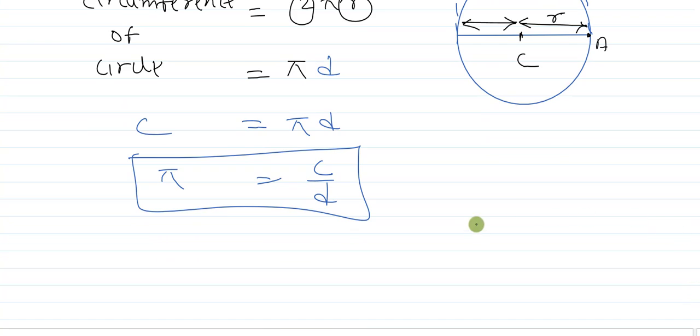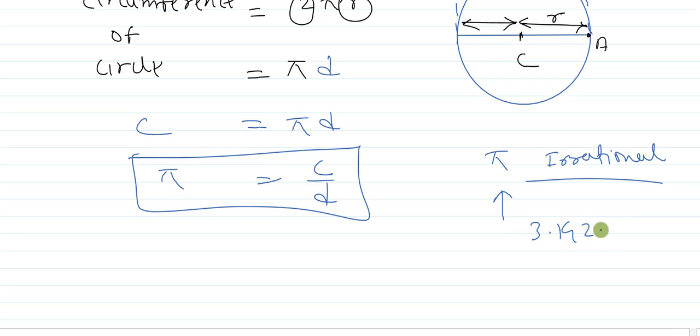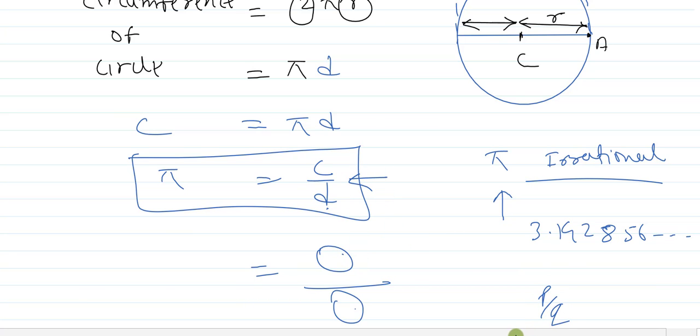We know that pi is an irrational number, right? While learning irrational numbers, I gave pi as an example of an irrational number, because the value of pi is neither repeating nor terminating. But here I can see the circumference will be a number, the diameter will also be a number, and number upon number looks like the p upon q form, that is a rational form.